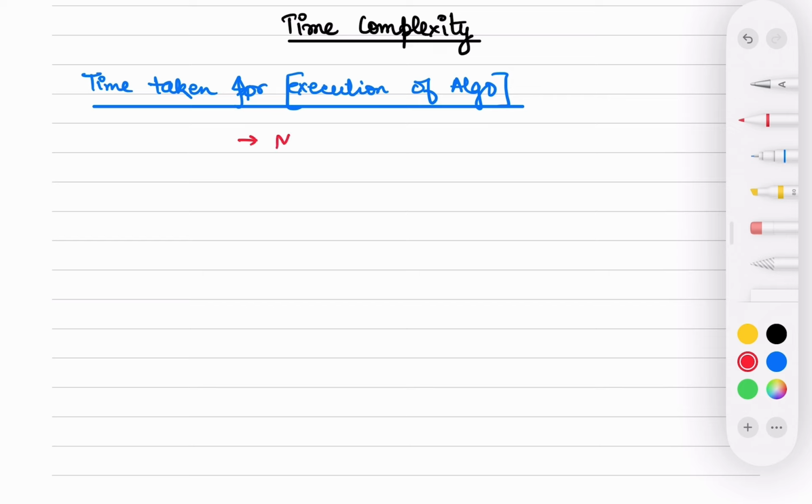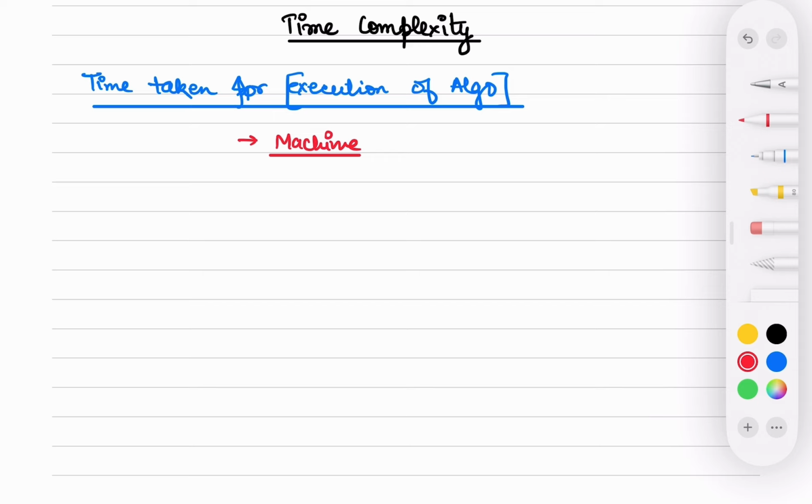For example, if you have a machine with the latest configuration and another which is the oldest machine with very basic configuration, obviously you will find that on the latest machine the algorithm executes very fast, and on the basic configuration it executes a little slow.